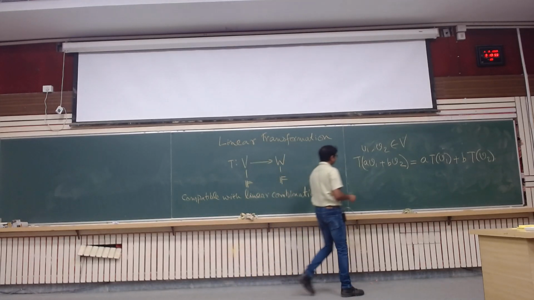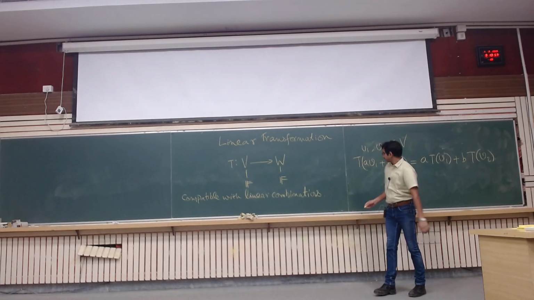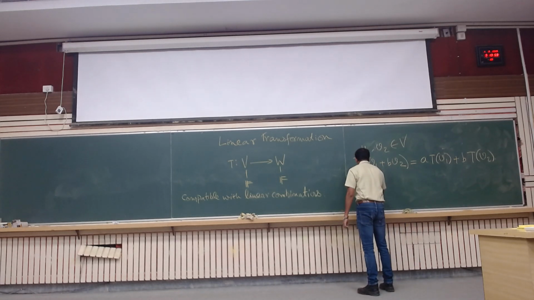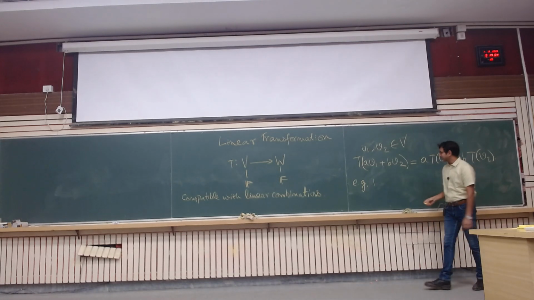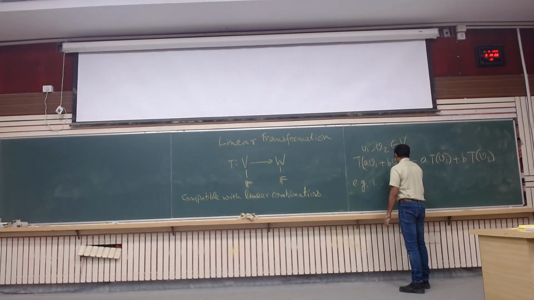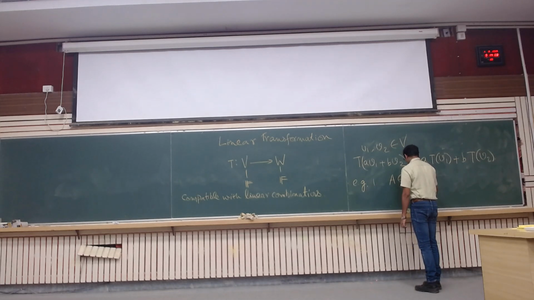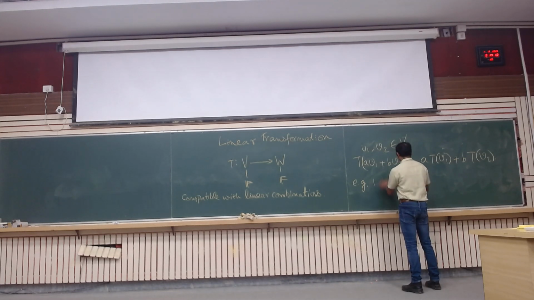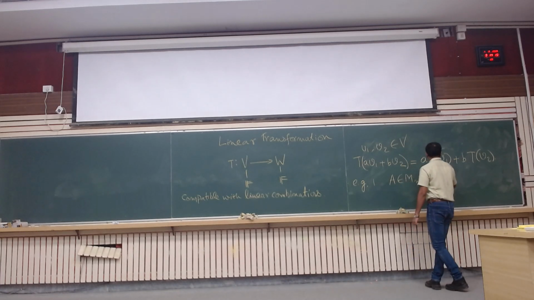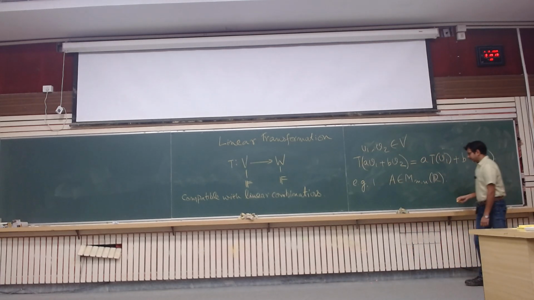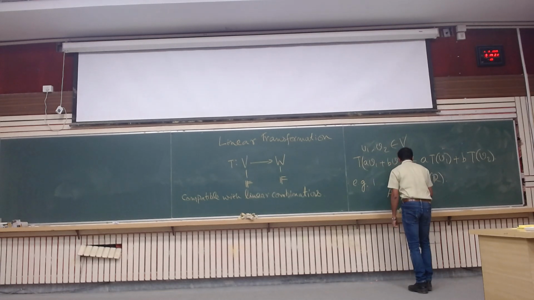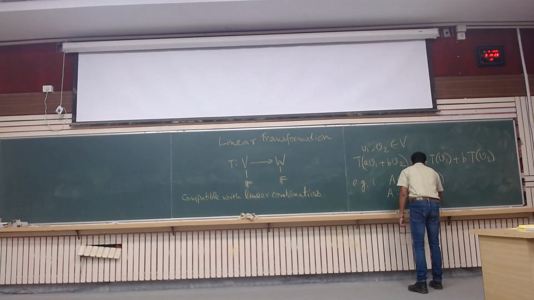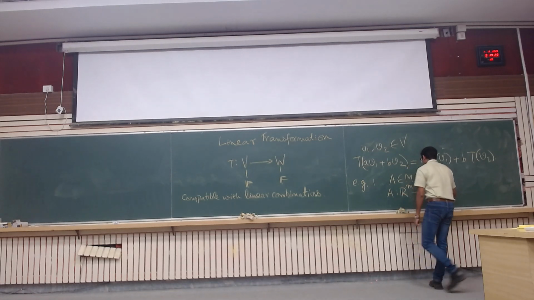Here, let's see at first some examples. Example 1, you have seen this plenty of times: consider an m cross n matrix over the reals.